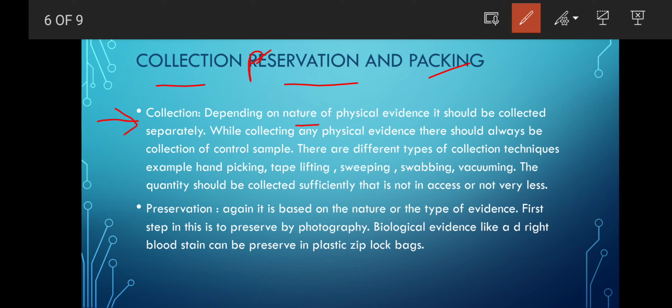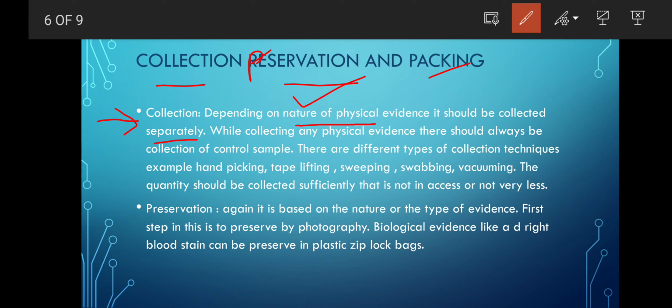Depending on the nature of the physical evidence, it should be collected separately. In nature we have different properties. It can be in the solid state, molten state, or liquid state. Depending on the state of that physical evidence, we should consider the collection separately.